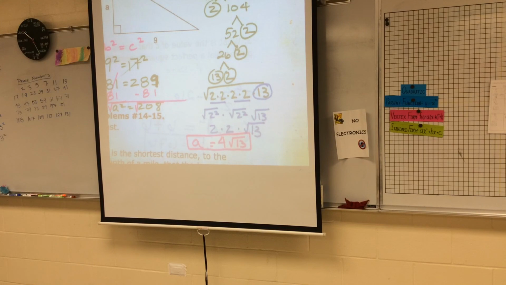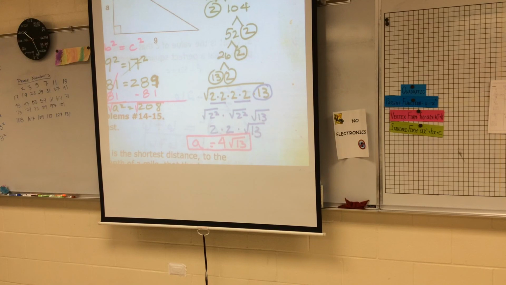All right. The last two problems both use this word problem here. So 14 and 15 both use this word problem. It's a one-sentence word problem. That's it.